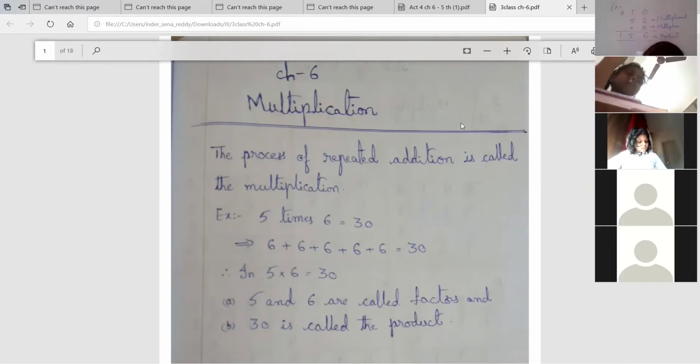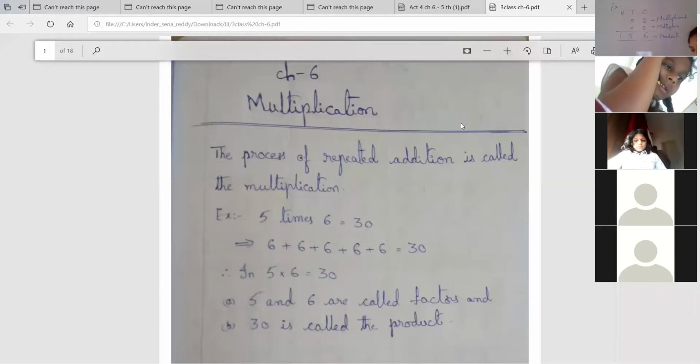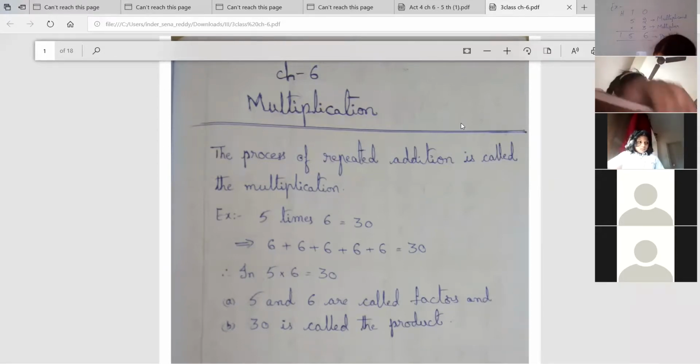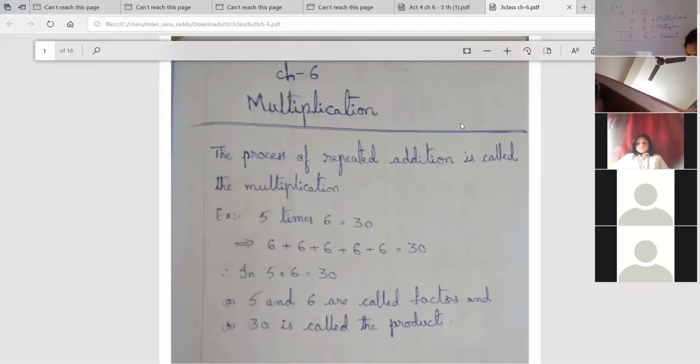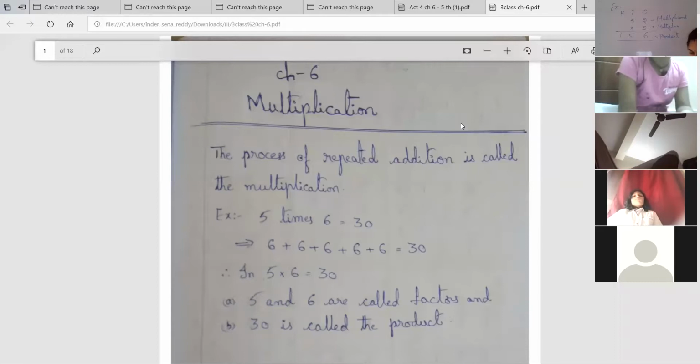You need to do page number 68 and 69 in your textbook. Homework is 68 and 69.